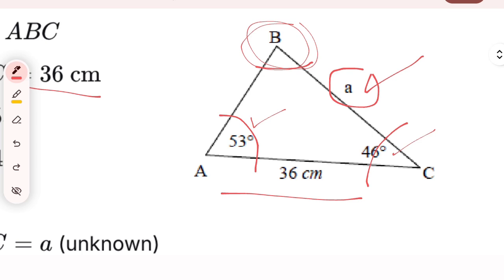So if you sum up all the interior angles of a triangle, that means the three angles, the sum of those angles, whether it's a right triangle or not, is always 180 degrees.